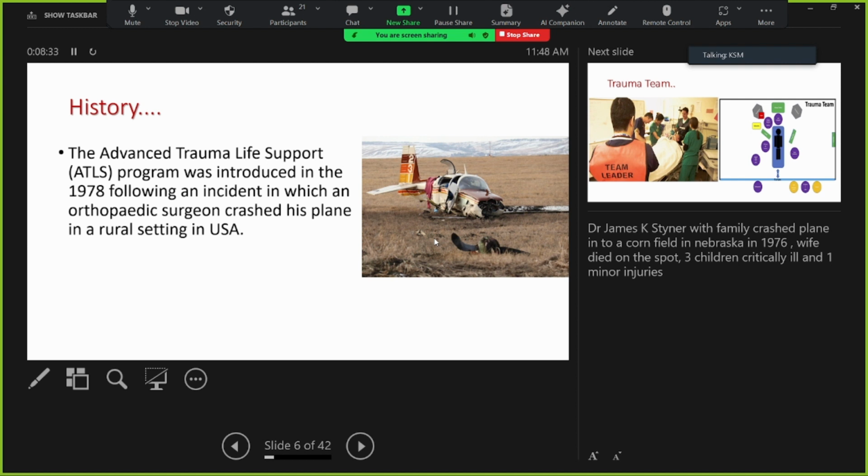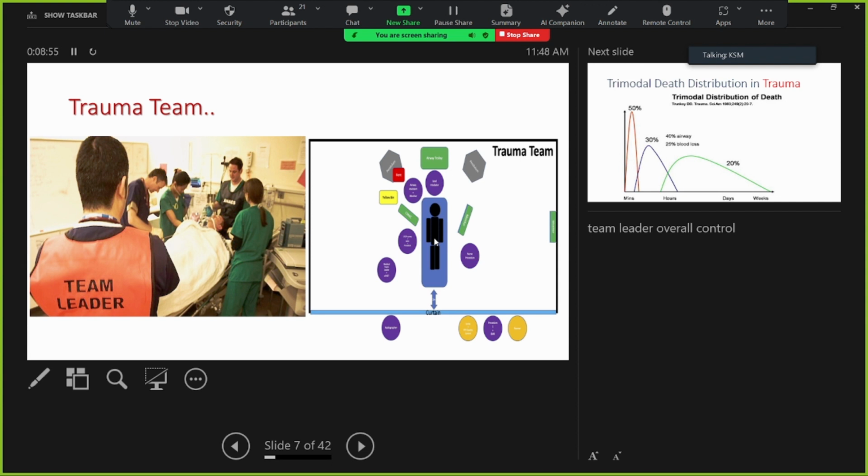So this developed into today's ATLS, which is now widely accepted and available in most countries, where it provides a standard way of treating even in low resource settings in your departments. And I will also introduce another important thing, the trauma team.